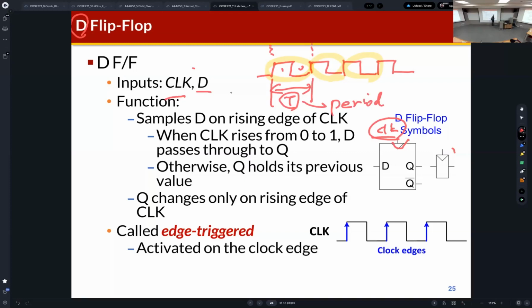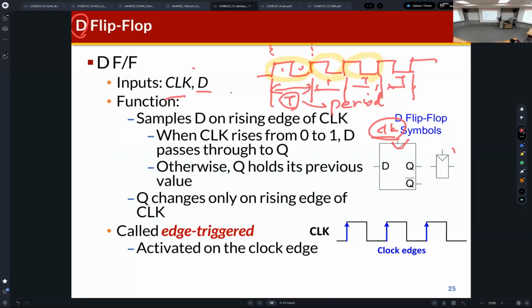For this period, the signal of the clock is just repeated. The same waveform or same signal behavior is repeated in this T period. So this time is also T.